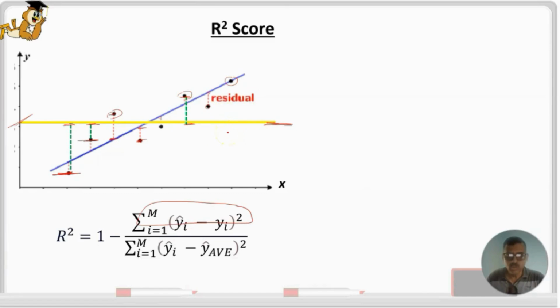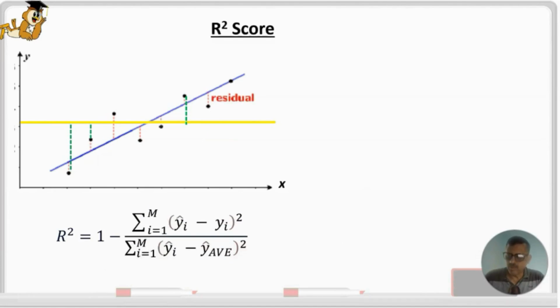So that is what your denominator here is: the sum of the squares of the difference between the observed y and the average, summation over all the points. And the R square score is 1 minus this. 1 minus this.